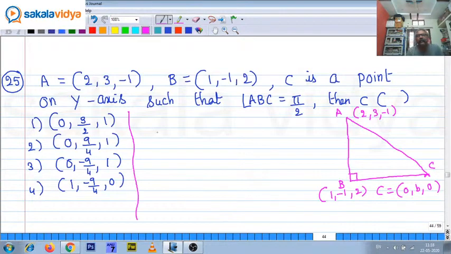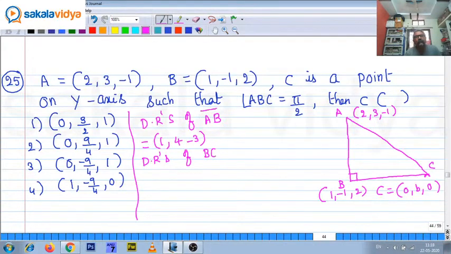First find out DRs of AB. DRs of AB is x2 minus x1, means 1, 4, z2 minus z1, minus 3. This is direction ratios of AB. Direction ratios of BC is minus 1, b plus 1, minus 2.